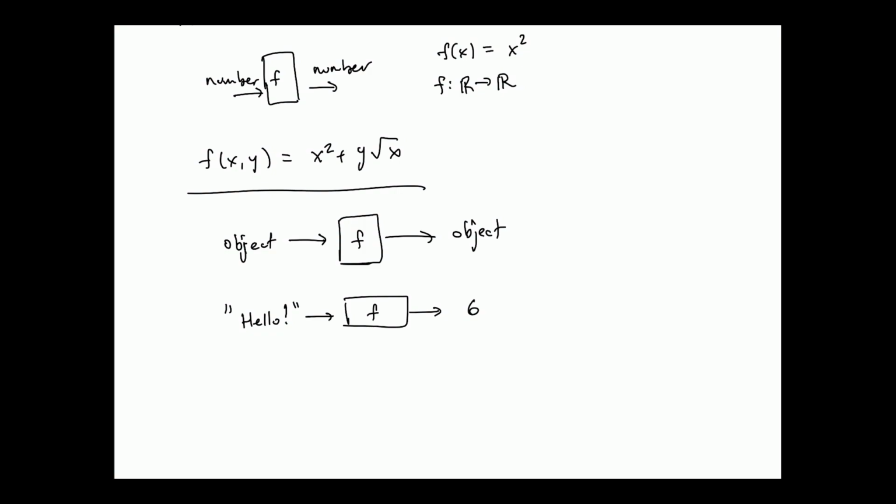And in this case, 6 didn't come out of thin air. What is 6 in this case for that particular input? Yeah, it's the number of characters, excluding the quotation marks, right? So I could have something that works on text, and I don't have to return numbers. I could also return text or any other kind of object.